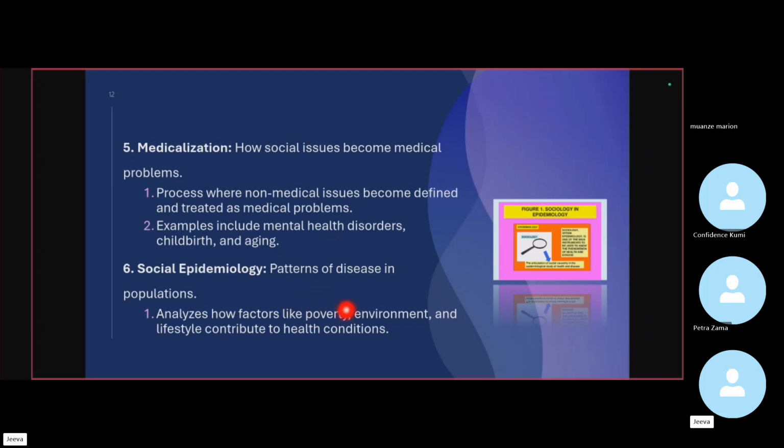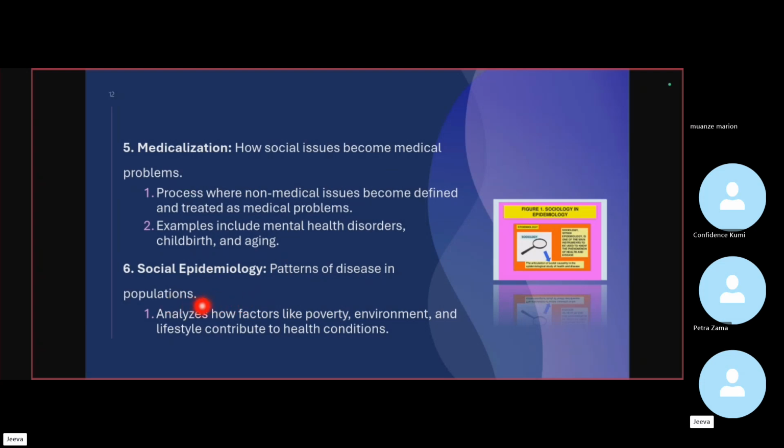So they have a higher chance of infections because of environmental issues, which is another problem for diseases to spread. Then lifestyle, like various food or not having a healthy lifestyle, also causes health conditions. So this is how disease in a population varies. So this is the sixth main key concept in medical sociology.